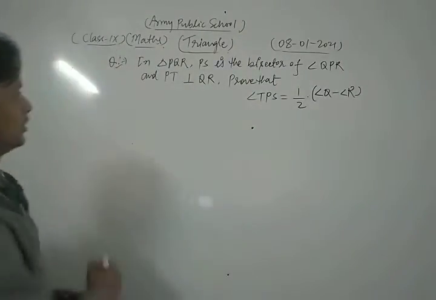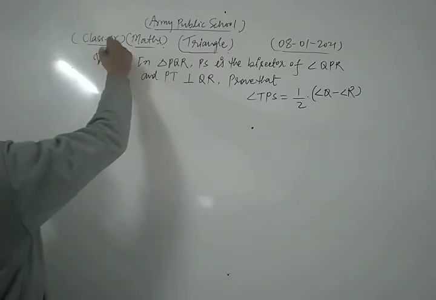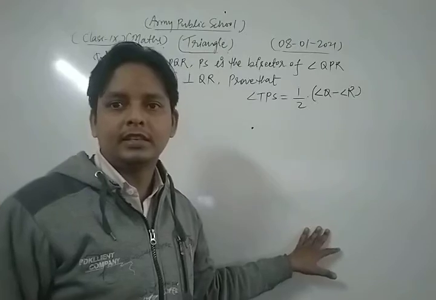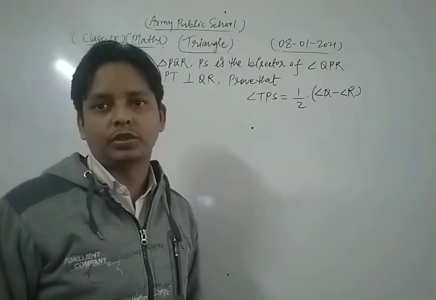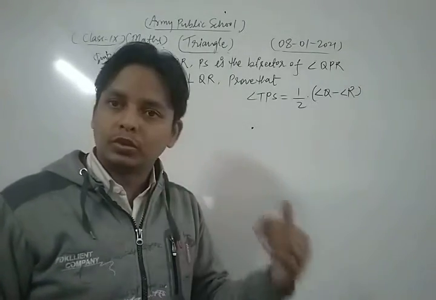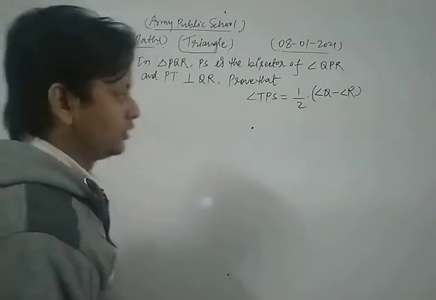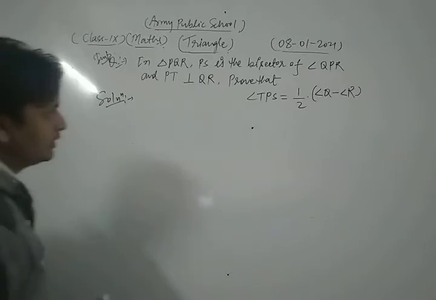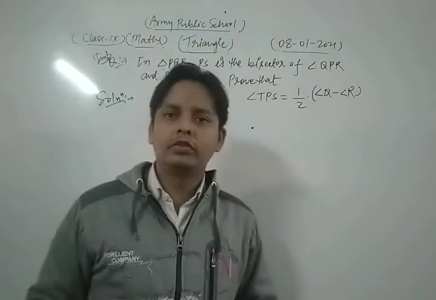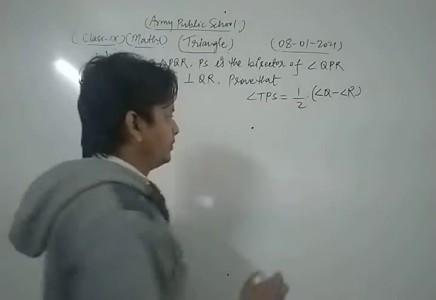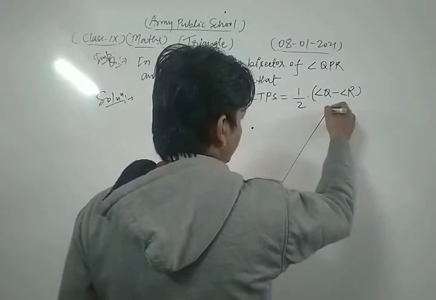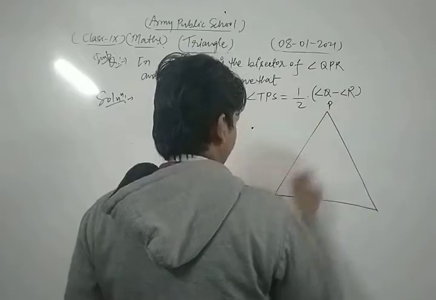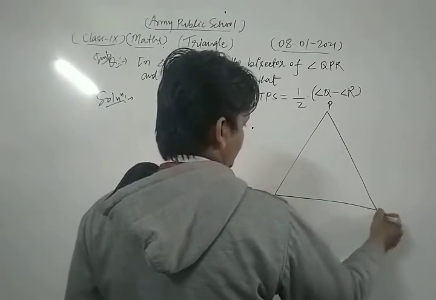This is a very important question, dear friends, of your NCERT exercise. So let's see its solution. What is the process to solve that type of question? Dear friends, in that question, first of all, we draw the triangle PQR.